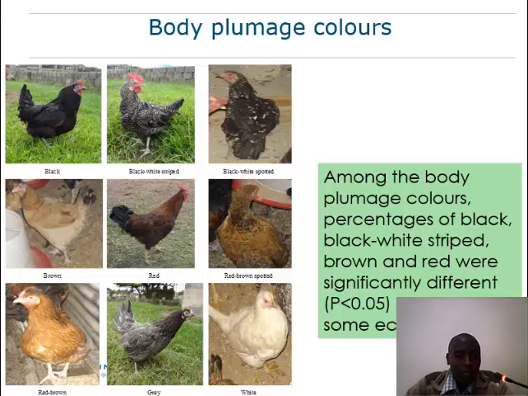All ecotypes had different body plumages. Among the body plumage colors, the percentage of black, white, striped, brown and red was significantly different between some ecotypes.